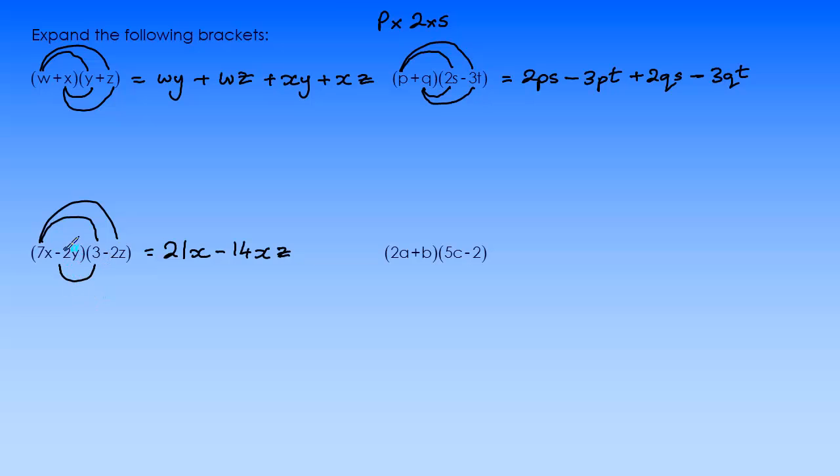For this one here, negative 2 times 3 is negative 6, and the only letter there was a y. Then when we do this one, we've got a negative times a negative, so that's going to be positive. 2 times 2 gives us 4, and we have y times z, so yz. Once again, all terms are different. We have no like terms, so we can't put any terms together.